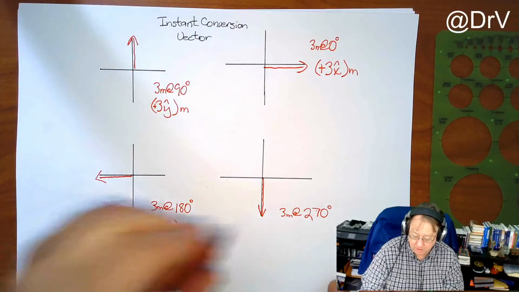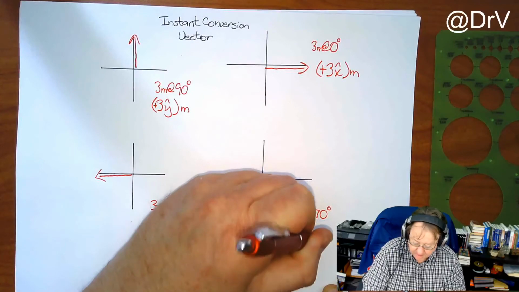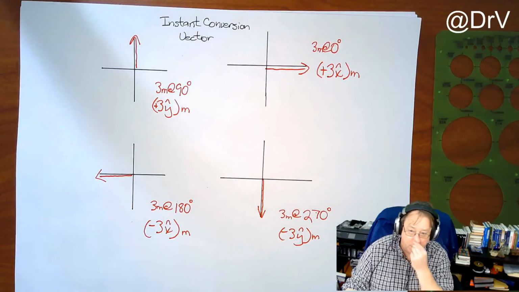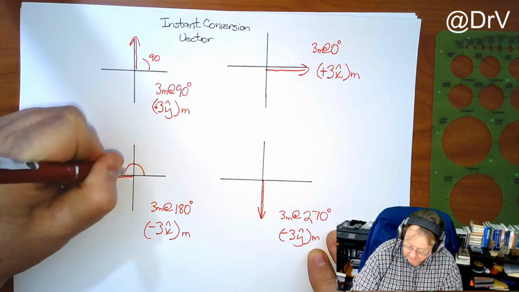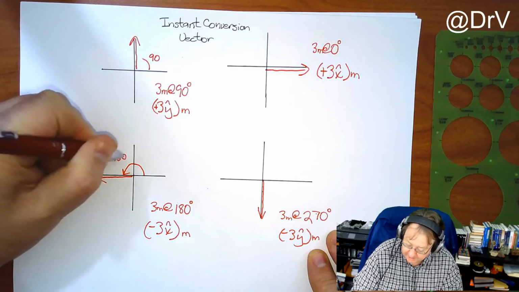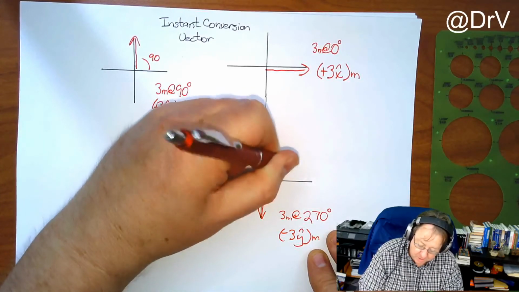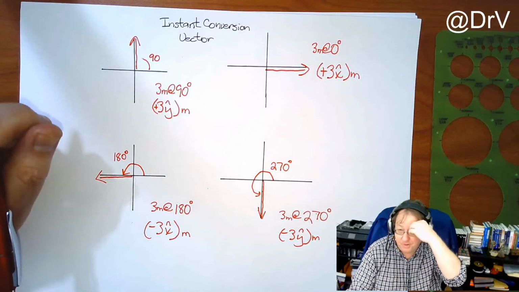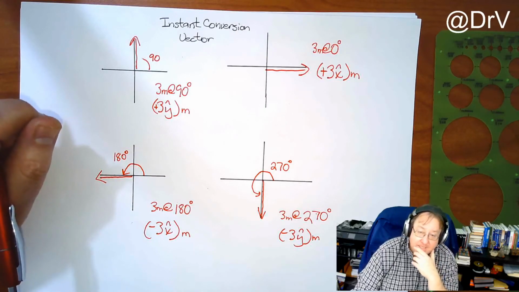And then the last one is negative 3 y hat meters. And then those are all drawn out. So 0, 90, 180, and 270. Those are the ones that you can instantly convert and are basically just free points if you can identify it correctly.